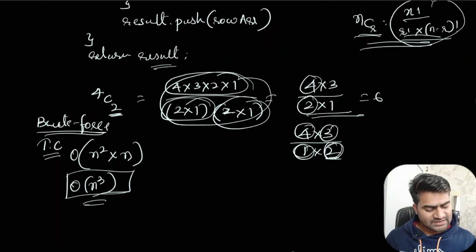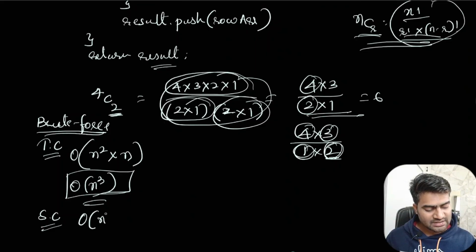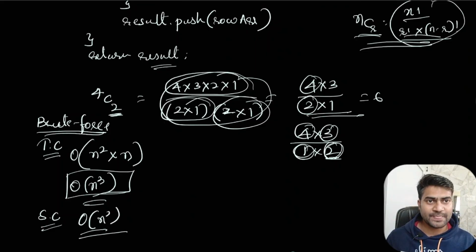And what is the space complexity? If you see the space complexity, we don't use anything extra apart from the array which we store, right? So with that, it is only of order n square for that particular Pascal array.